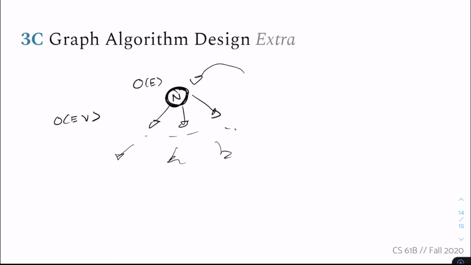So don't get confused about that. But yeah, that's it. It's just breadth first search from each node until you find itself again, and then you take the minimum of all of those options.